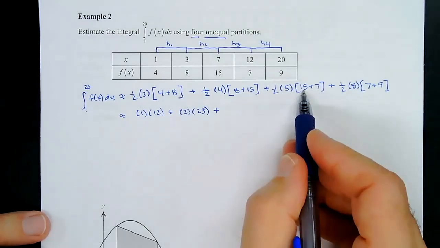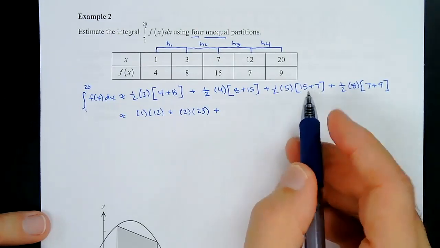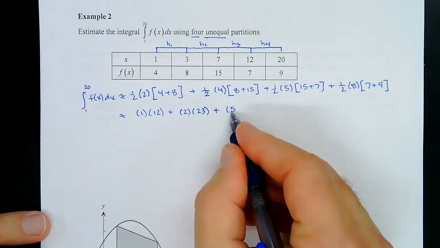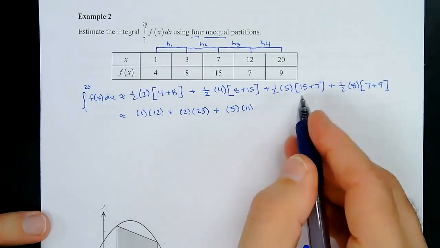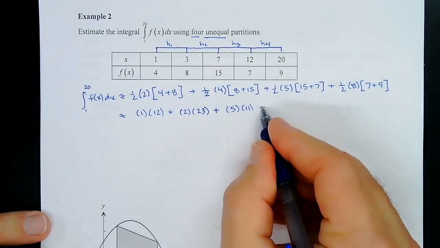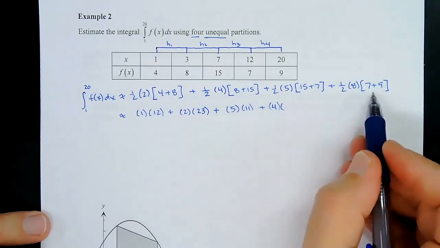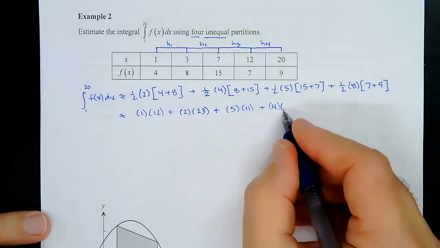So what is 15 plus 7? And that'd be 22, right? So half of 22 is 11. So you could write this as 5 times 11, because I took half of this because that one was even. Then this one, half of 8 is going to be easy to do. So half of 8 is 4, and then I'll put that in parentheses, and then 7 plus 9, that'd be 16.